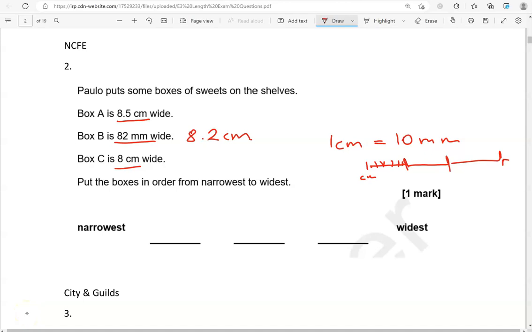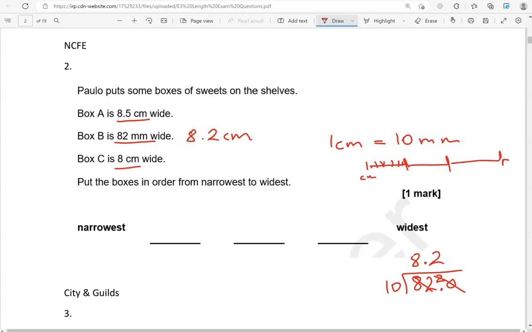It's like dividing 82 by 10, which we can do here as well. So how many tens would fit into 82? That would be 8, and we'd have 2 remaining. So put a decimal point there and in the answer, and we can add a 0 after. How many tens into 20? That's exactly 2. So 8.2 centimeters.